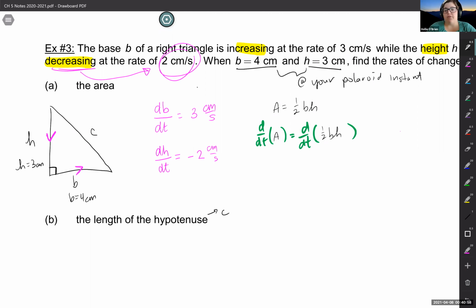So we take the derivative with respect to time on both sides. On the left side, we have dA/dt. And on the right side, we have to do product rule. I'm going to bring the 1/2 outside.